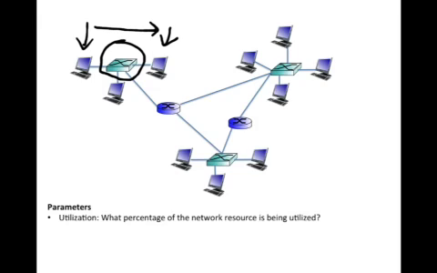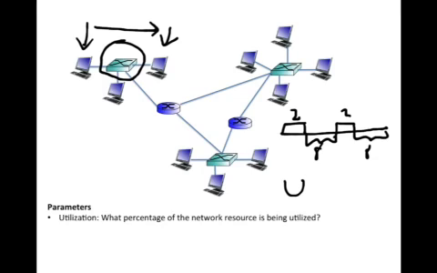But for a variety of reasons, if the channel is being utilized only during the first 2 seconds, the sender is transmitting, and then for 8 seconds it's not doing anything, and then again 2 seconds it's transmitting, and for 8 seconds it's not doing anything, the utilization is only 20% in this example.